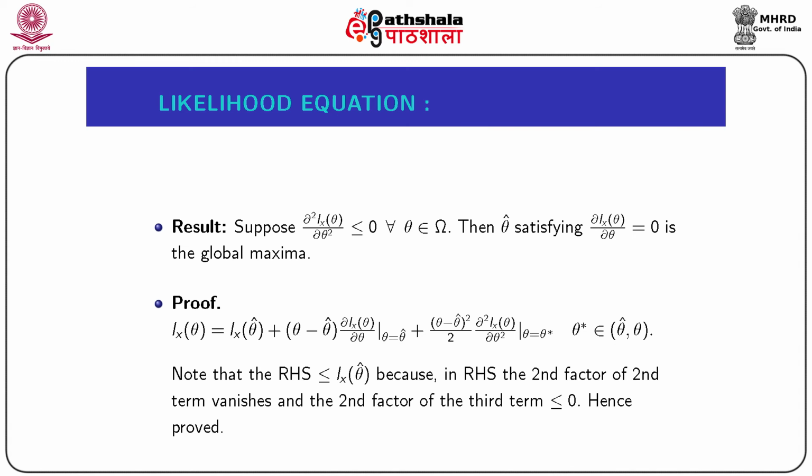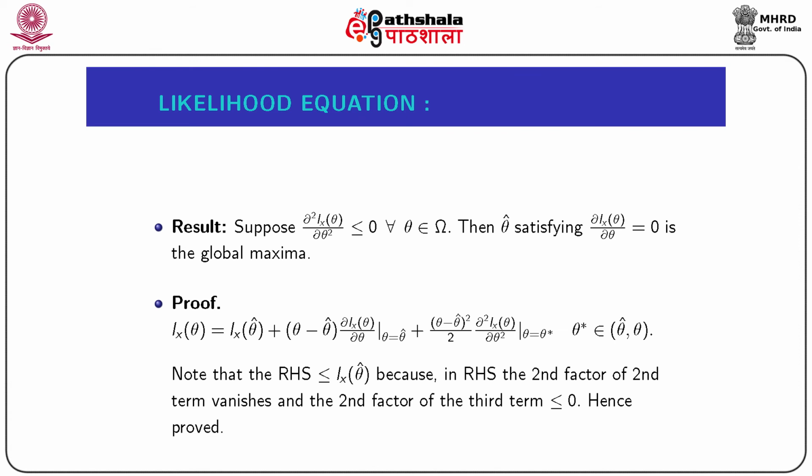As an outline of the proof, we can say that Lx theta equals Lx theta hat plus theta minus theta hat into the first order derivative of Lx theta at the point theta equal to theta hat, plus theta minus theta hat whole square divided by 2 into the second order derivative of Lx theta with respect to theta at the point theta equal to theta star, for some theta star belonging to the open interval theta hat to theta. Naturally, it is nothing but Taylor's theorem.